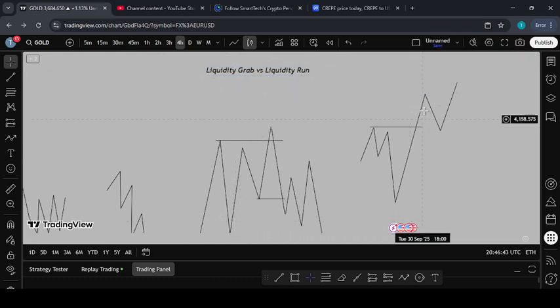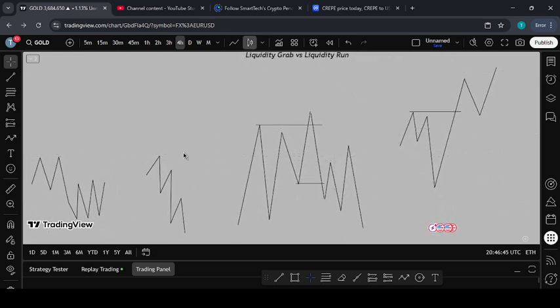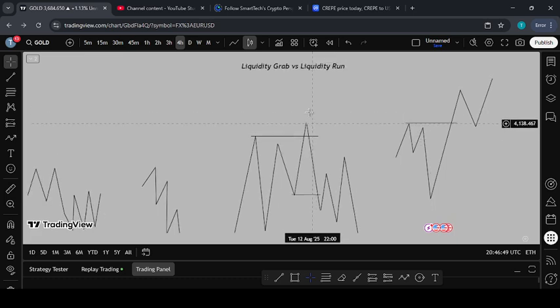So liquidity grab, reversal moves. Liquidity run, a continuation move. Most times I love taking trades after a liquidity grab, because it gives you that sweet kind of move when price takes out a certain liquidity and does not close above, then breaks structure to the downside.